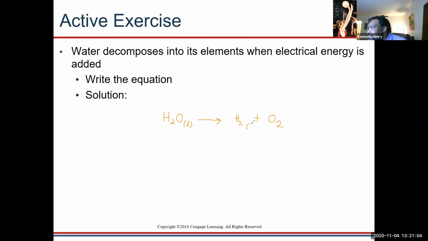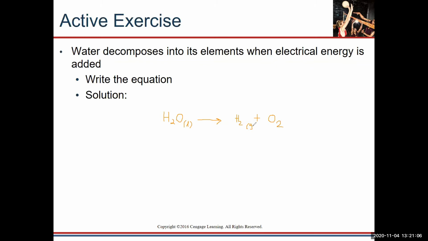G and G, because they're both gases. Okay. Thank you.